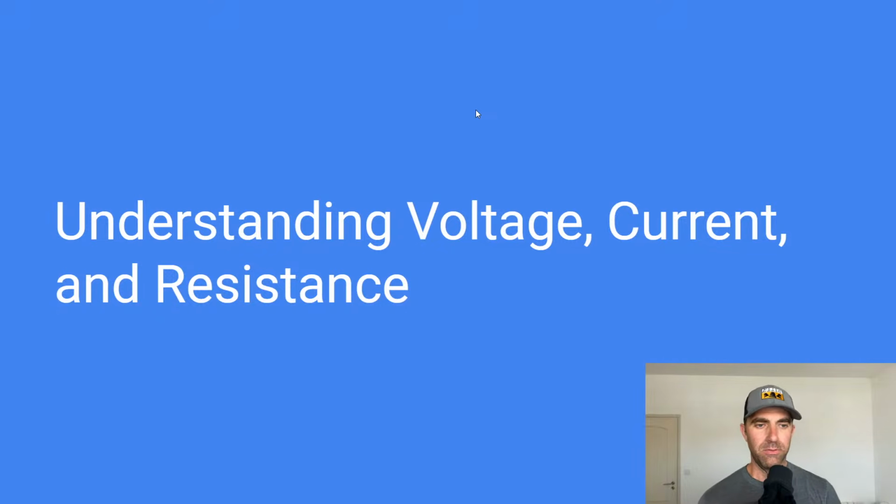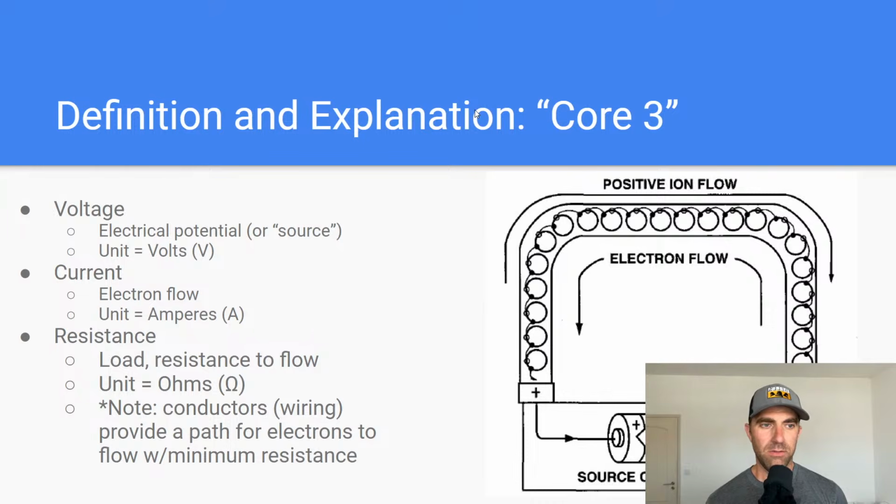All right, so the first of the topics I wanted to talk about is understanding voltage, current, and resistance. These are the core three elements of basic electricity. The first one is voltage. That's going to be an electrical potential or source.